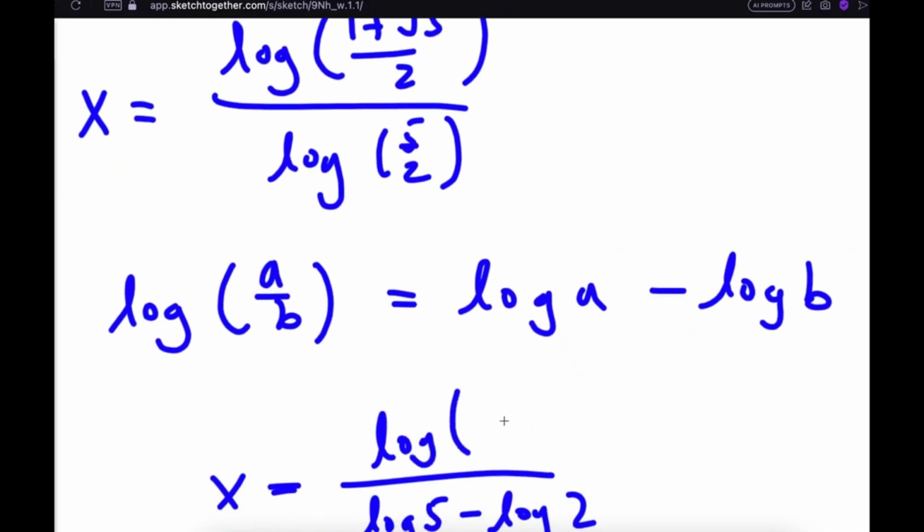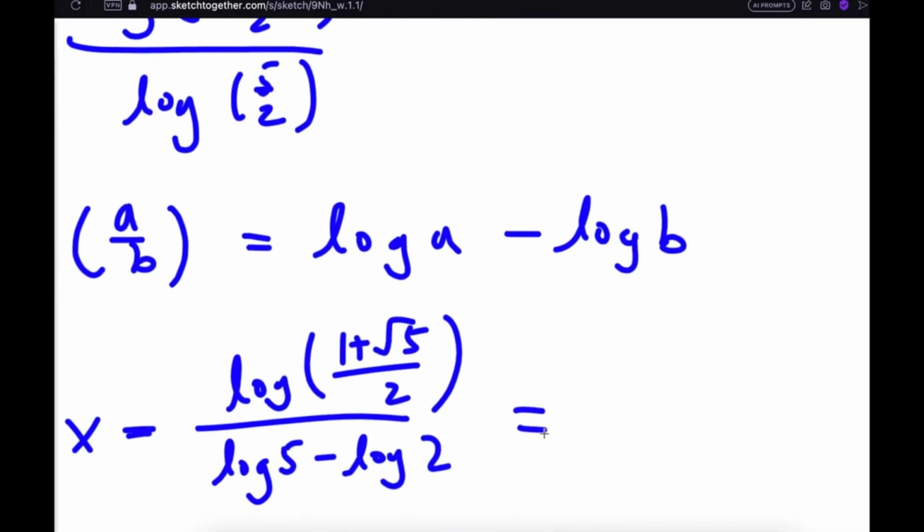So now I have log of (1 plus the square root of 5)/2 over log 5 minus log 2. And this is equal to approximately, if you plug this into a calculator, x is equal to 0.525.